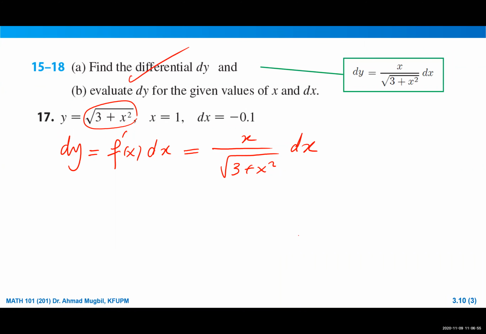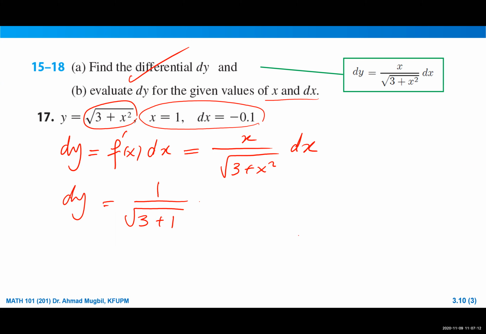We just differentiate. Now evaluate dy for the given values of x and dx. It is a kind of substitution, so easy. What is x? x is 1, so 1 over square root of 3 plus 1 squared, which is 1. What is dx? dx is negative 0.1. Simplify. Square root of 4 is 2, and this is negative 1 over 10.